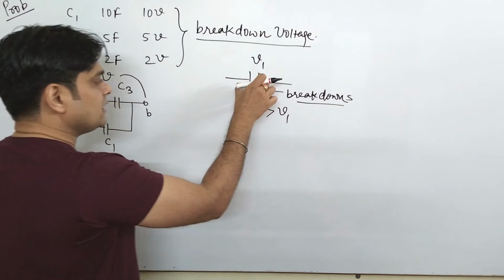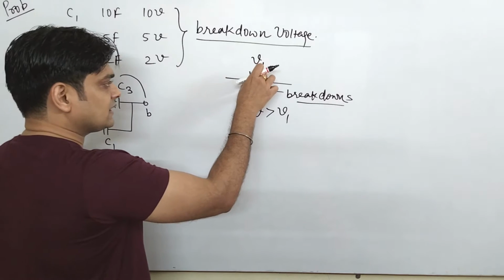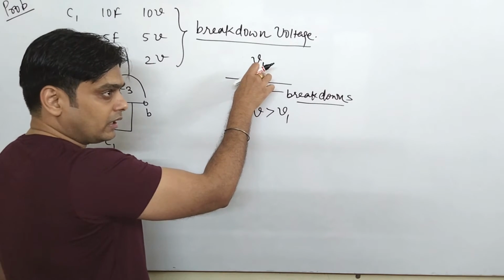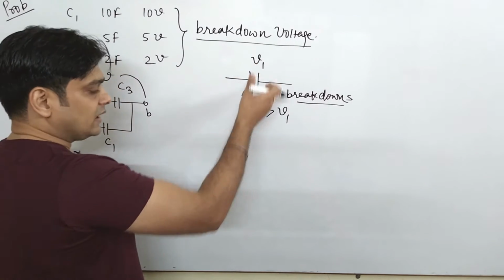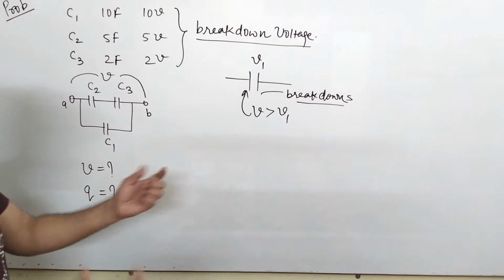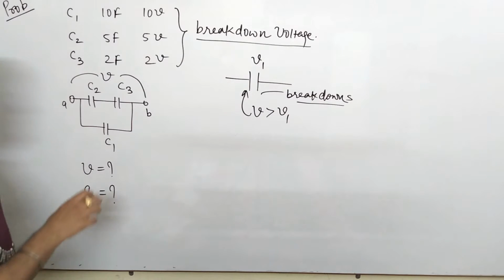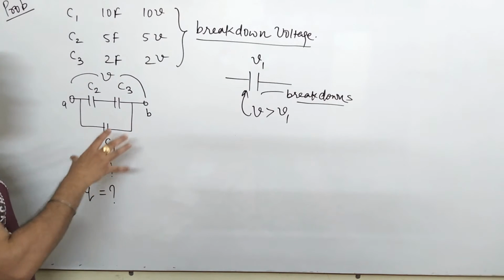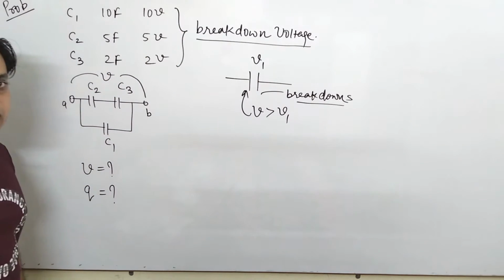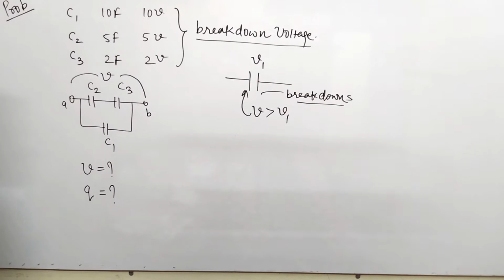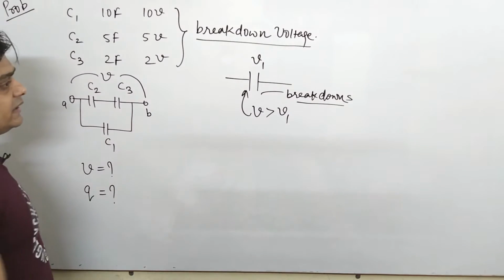Because once you apply a voltage greater than this voltage, the capacitor cannot withstand it and it breaks down. Breakdown means it gets deteriorated or its plates get molten. So a capacitor or a combination of capacitors will work only under a certain voltage, and that voltage is known as the breakdown voltage. We must keep in mind that above that breakdown voltage the capacitor will get destroyed.